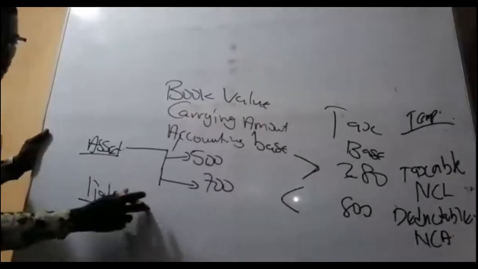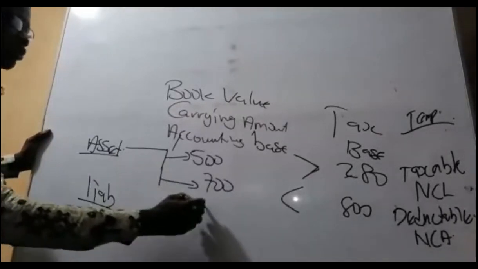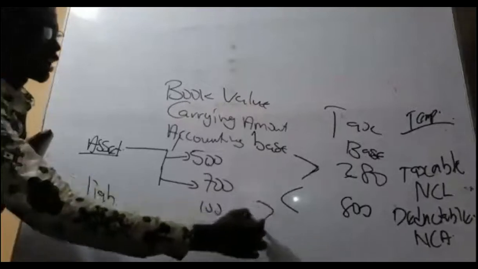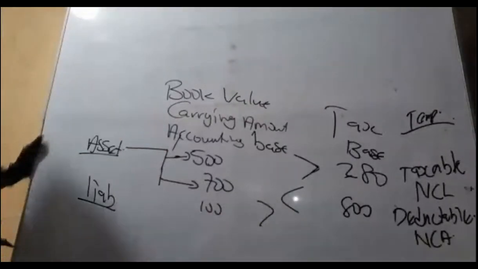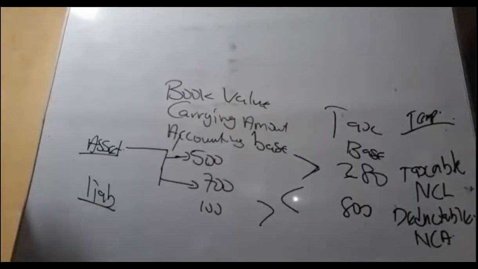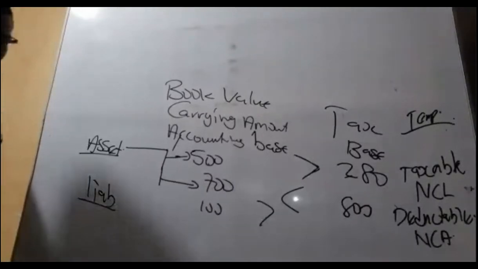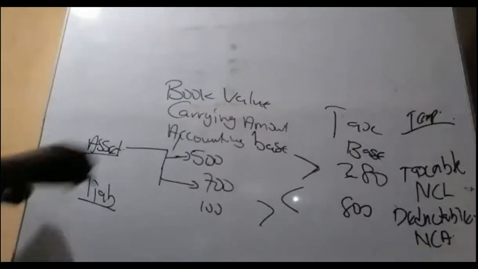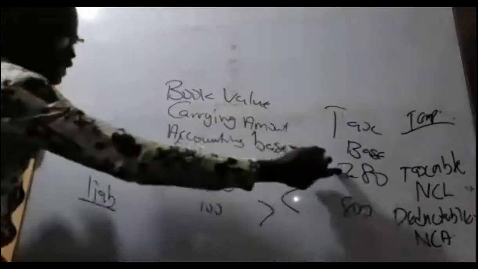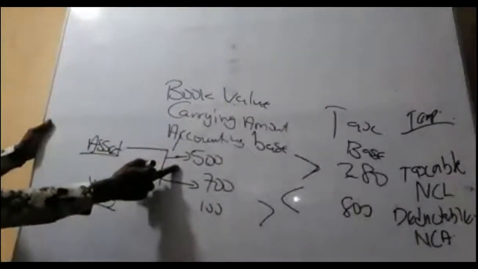If it's a liability and the carrying amount is greater than the tax base, it is the opposite of the first one, so that will be deductible. If it's an asset, it is taxable. If it's a liability, it will be deductible.